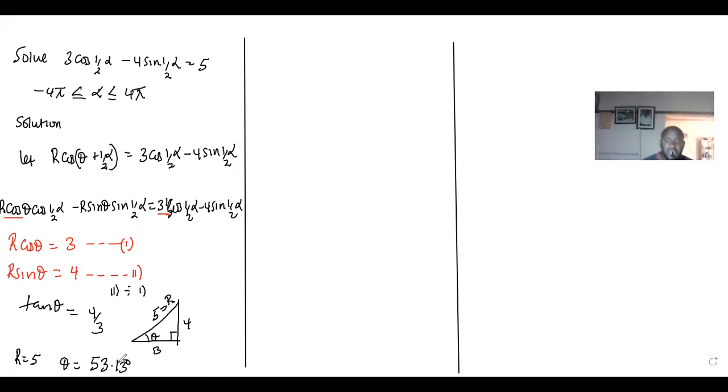If it is 53.13, then we can have this expressed in terms of R. So R cos of theta plus a half of alpha will become 5 cos of 53.13 plus a half alpha. Remember, this was equal to the whole of this expression, so the whole of it is supposed to be equal to 5.